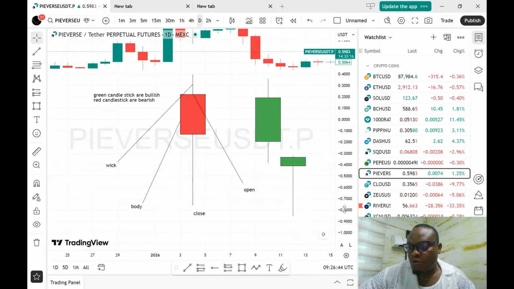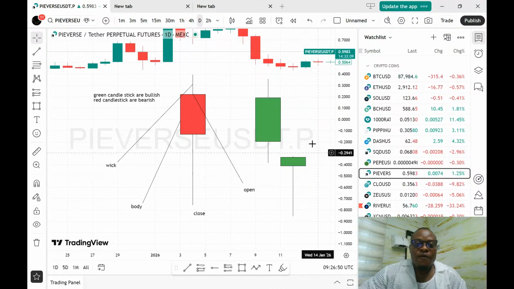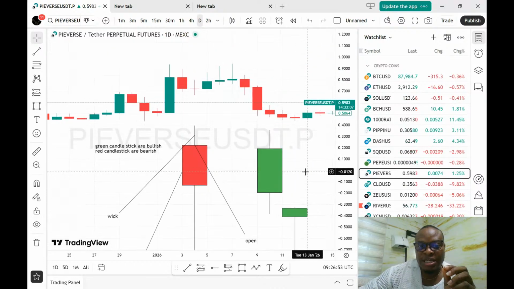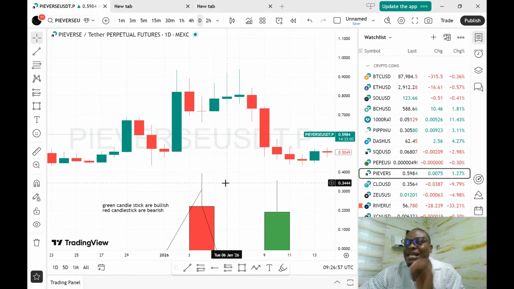Now we'll go to time frames so I can make you understand how candlestick formation plays its role. For every candle you see on the chart, they are represented by a time frame.